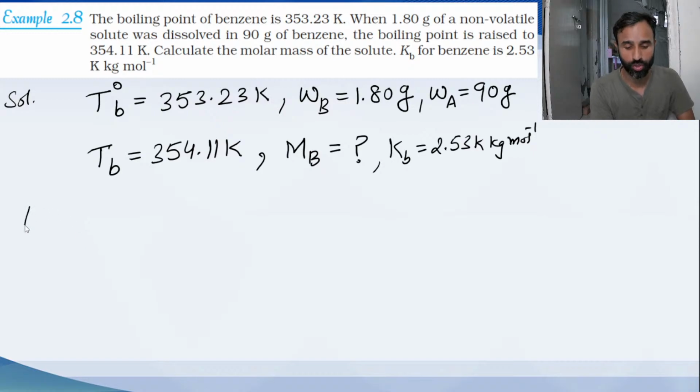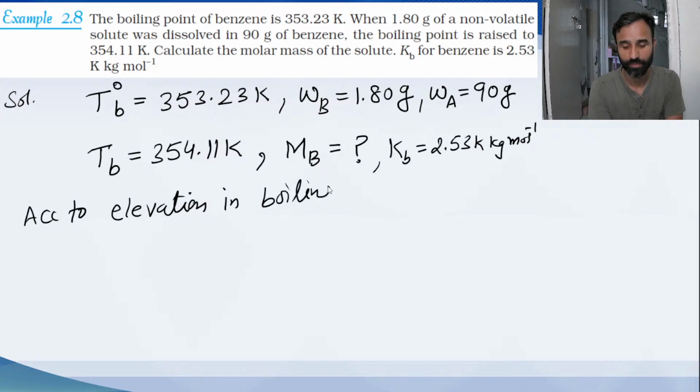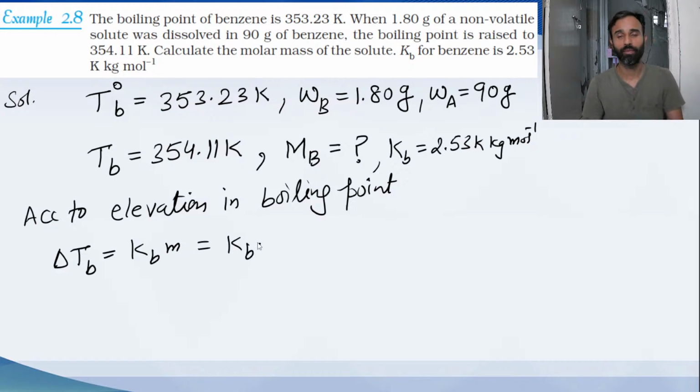So just use the relation of colligative property, that is according to elevation in boiling point. According to elevation in boiling point, delta TB is equal to KB m. Small m, molality is not given, so we expand it, WB by MB into WA.